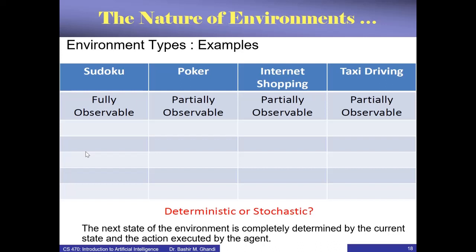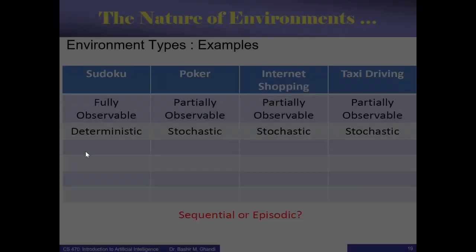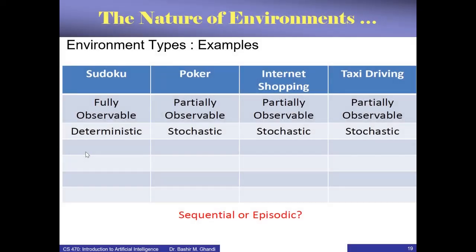Okay, so the next state is actually unknown. So for being deterministic or not, again, only Sudoku is deterministic, the rest are stochastic. Poker is stochastic, internet shopping is stochastic, and so also taxi driving.